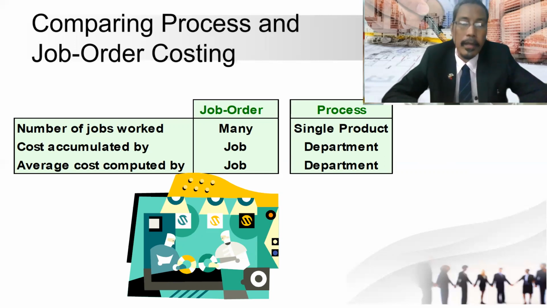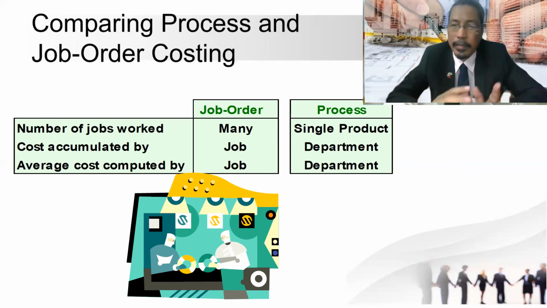Okay, and the process department, meaning, for example, product A department, product B department. So there are several products that are to be dealt with at the same time. There are departments for that. For example, Boeing. That is a big company. Orders from PAL.